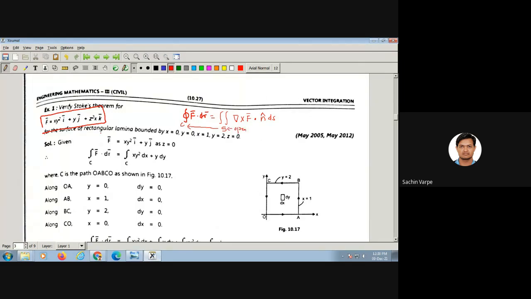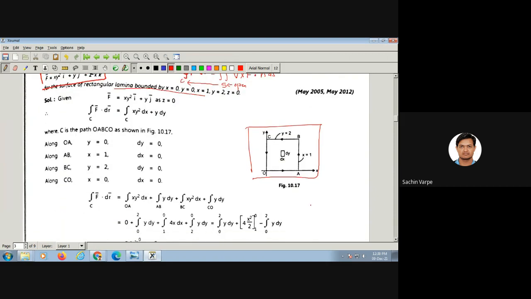So here that open surface is given to be a rectangular lamina. We have drawn that rectangular lamina, and we have calculated the right hand side over this surface, where x varies from 0 to the x coordinate and y varies from 0 to the y coordinate. So we have got the right hand side, and we have calculated the left hand side as a line integral over this closed curve from O to A to B, B to C, and C to O, in anti-clockwise sense.